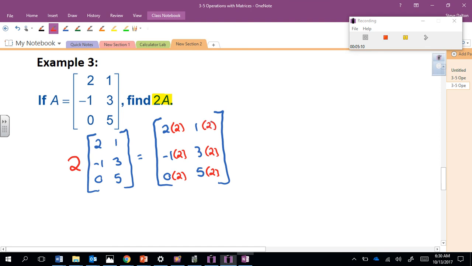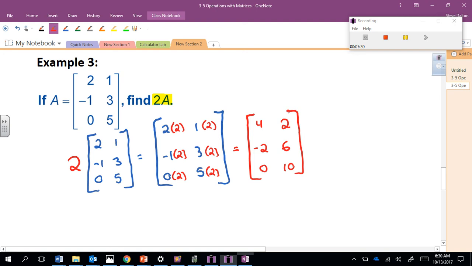And when we do that, it's a pretty straightforward process. 2 times 2 gives us 4. 1 times 2 is 2. Negative 1 times 2 is negative 2. 3 times 2 is 6. 0 times 2 is 0, and 5 times 2 is 10.